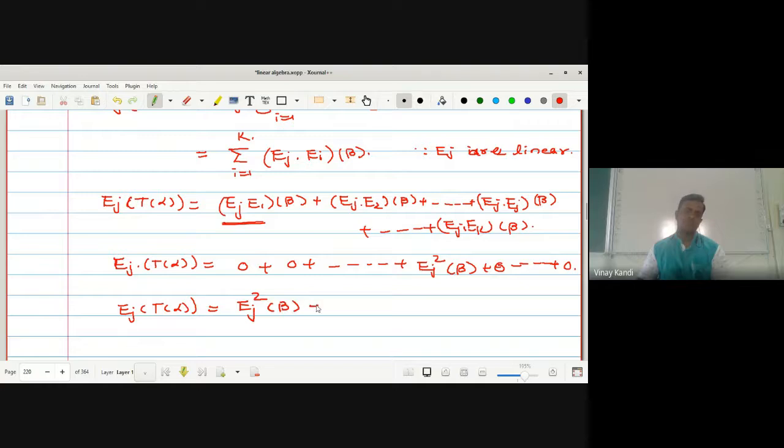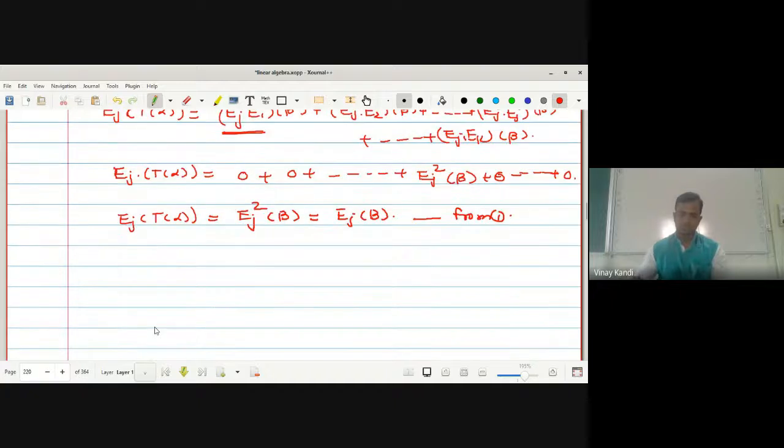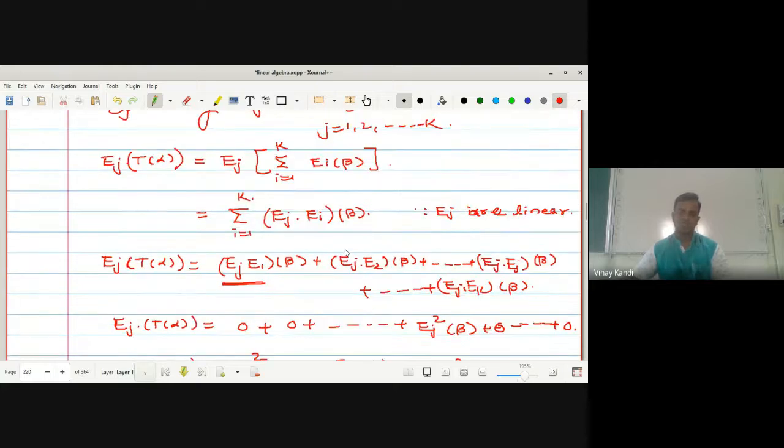But E_j is what? Projection. That means E_j squared is equal to E_j. So we get E_j of T of alpha is equal to E_j of beta, from equation 6. What is 6?